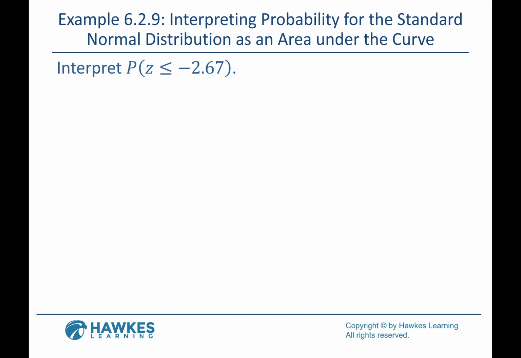But what that's saying is, we've got our standard normal distribution. What's the probability of picking a random value out of that standard normal distribution and it being less than or equal to negative 2.67? The reason we've cared about these areas is that z less than or equal to negative 2.67 is just telling us to find a certain area underneath the normal distribution curve.